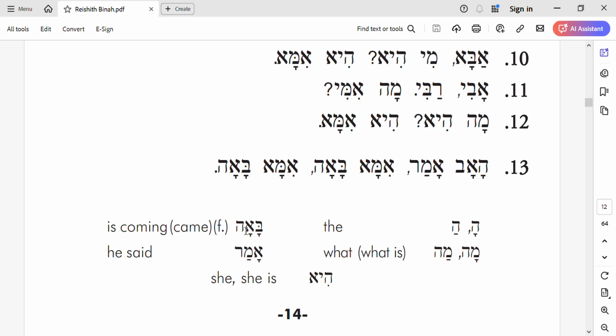Ba'a, so we learned about ba, which is coming or came. But verbs can appear feminine or masculine. So I can say Abba ba, so dad is coming. But I can't say Ima ba, so mother is coming.